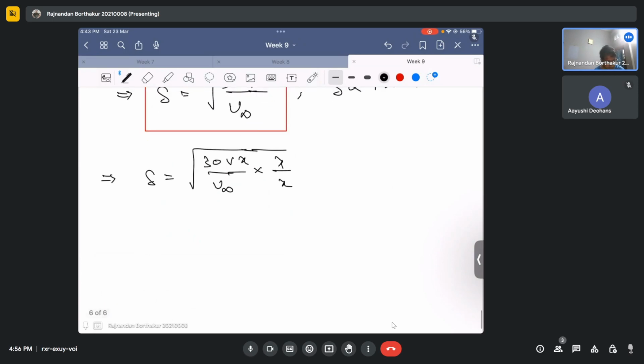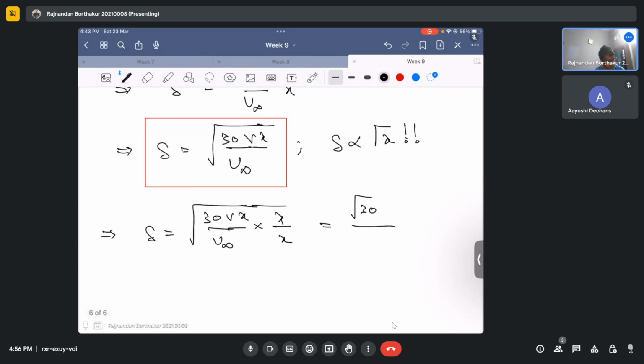So I can write this as root over 30 times root over x squared, which will be x, and then nu times u infinity x.